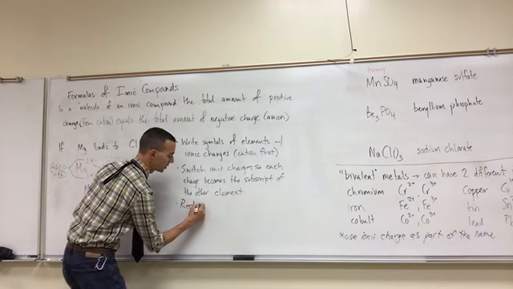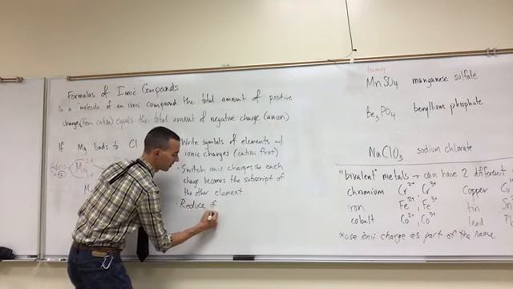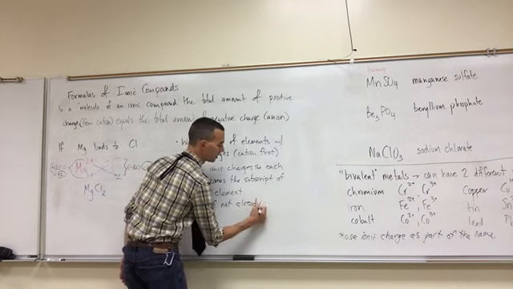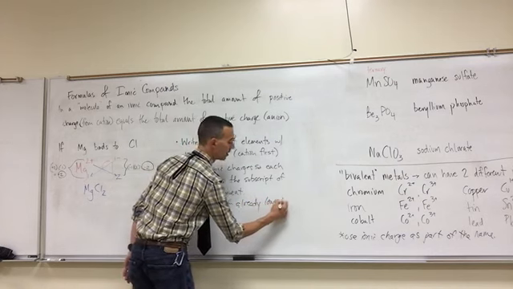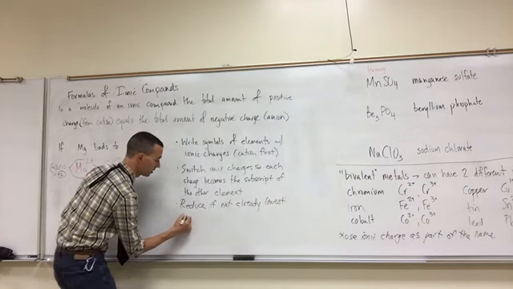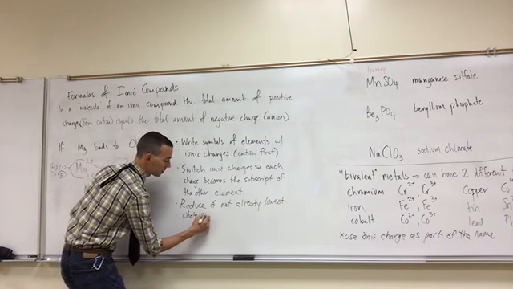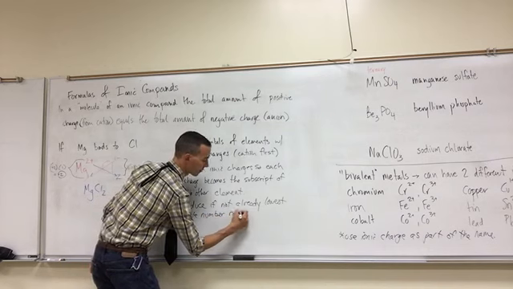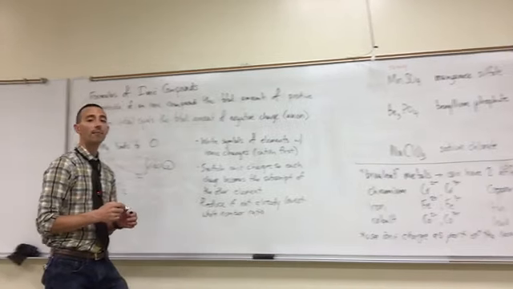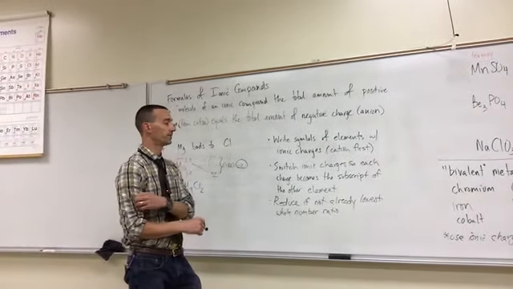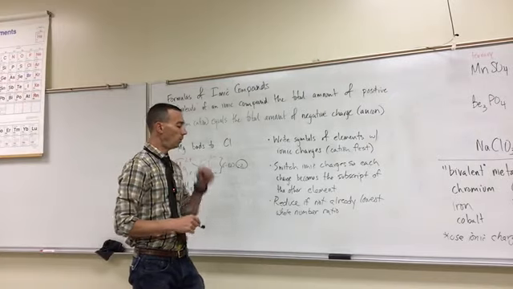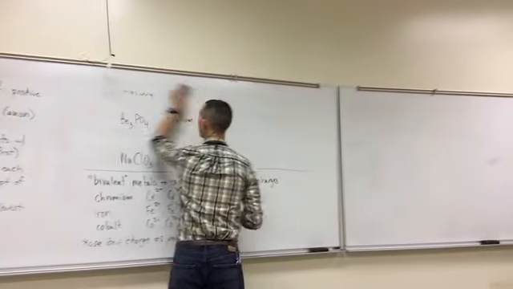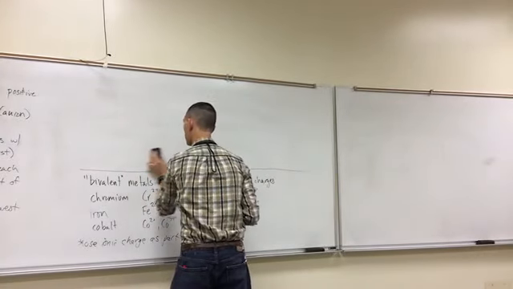And then you would reduce, if not already, to the lowest whole number ratio. Okay? Ionic compounds are always written with the lowest whole number ratio.